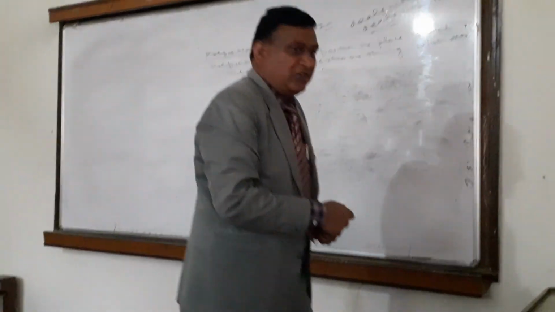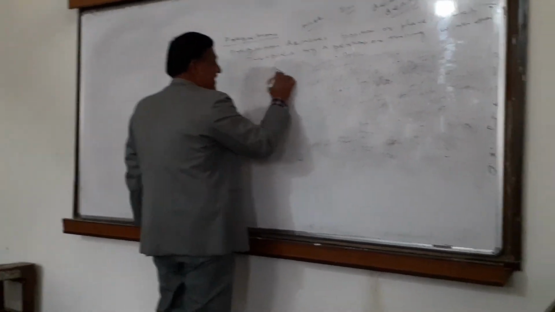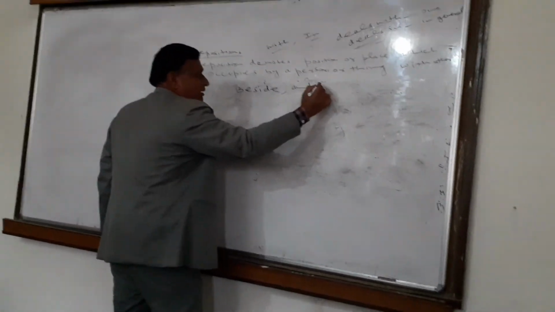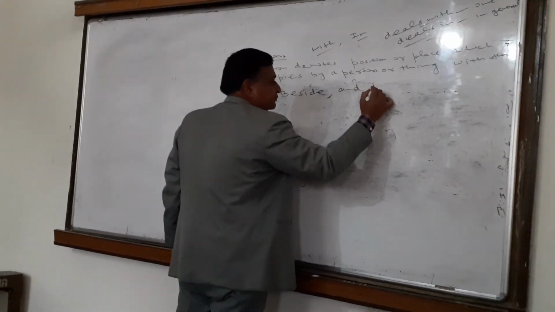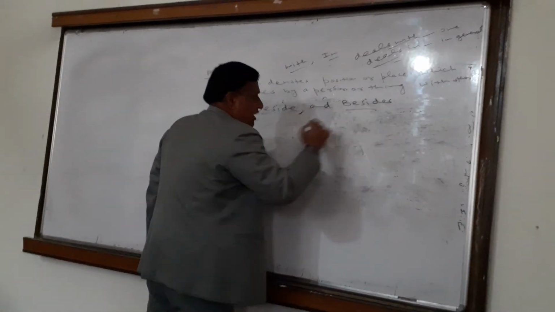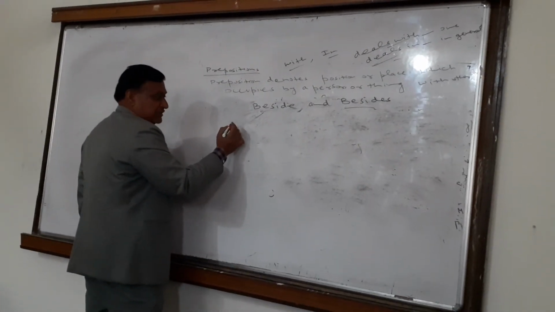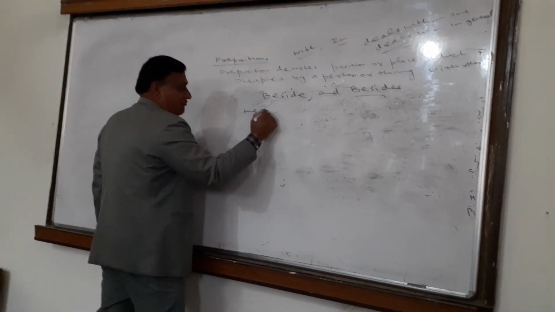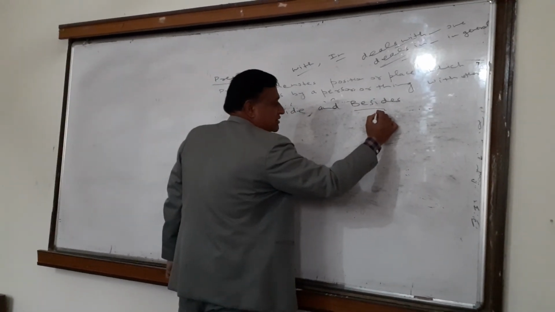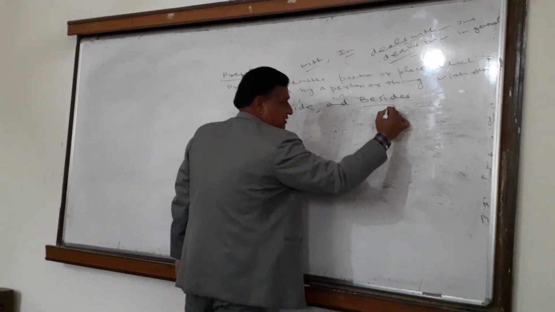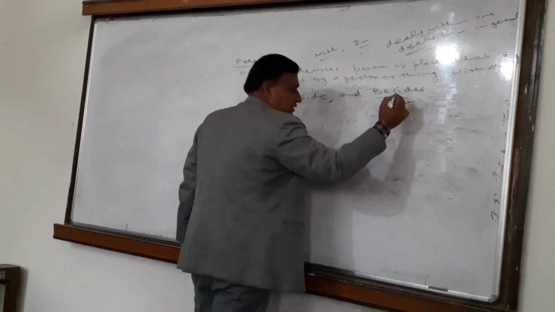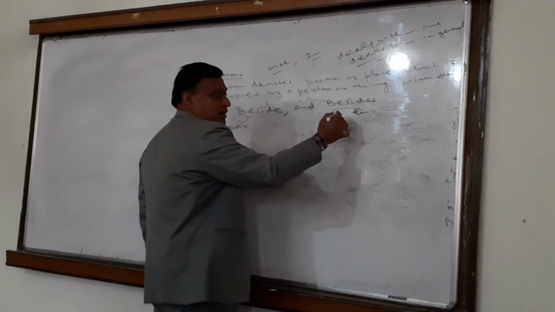Most of the time we use the prepositions beside and besides. Beside indicates near. Besides means except.